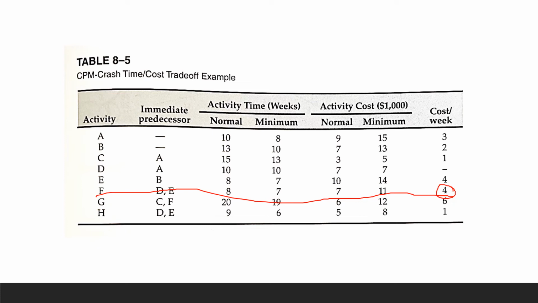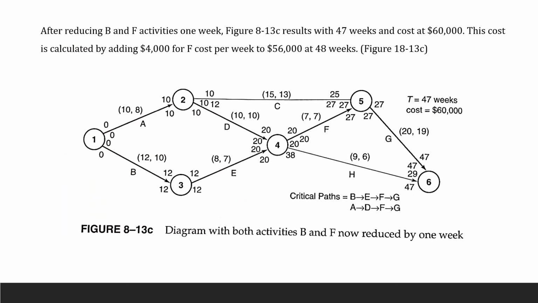You add that dollar amount to your previous 48 weeks, and now we've got 47, right there. And here is your activity F, and we reduce 1 week at $4,000.